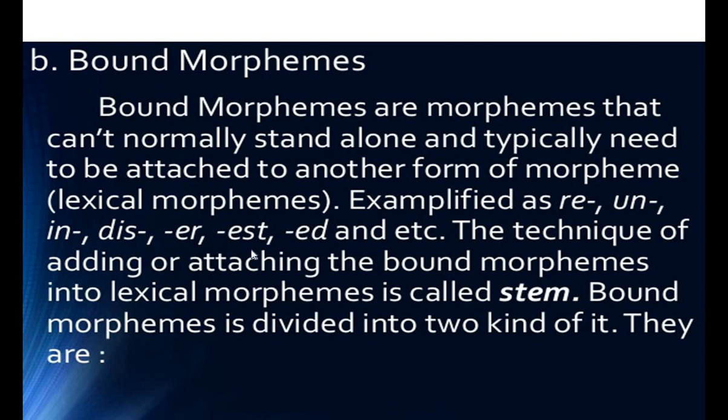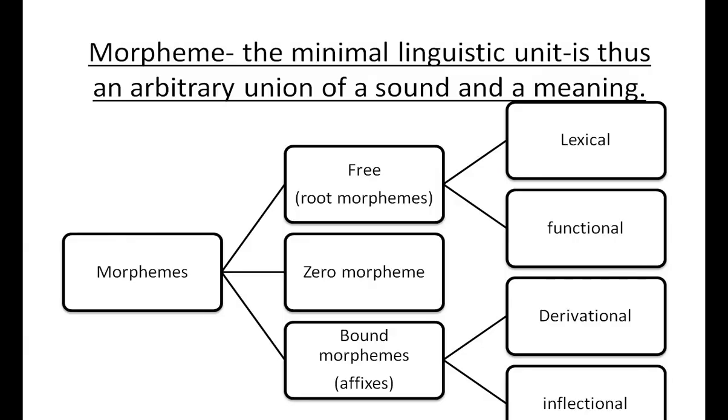The technique of adding or attaching the bound morphemes to lexical morphemes gives us stems. Say for example, we have a lexical morpheme, which is a kind of free morpheme, and we attach the bound morpheme est or ed with it, so it becomes a stem. Bound morphemes are divided into two kinds, which are inflectional and derivational morphemes.